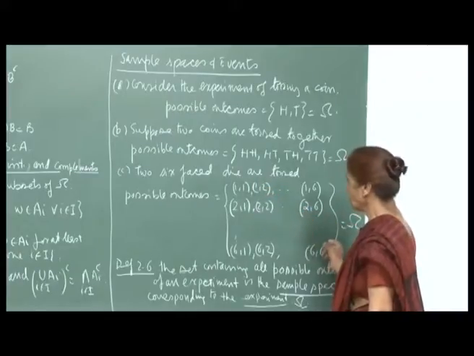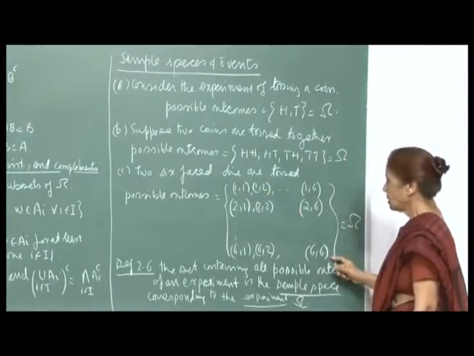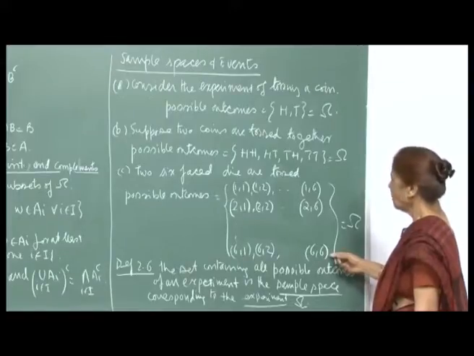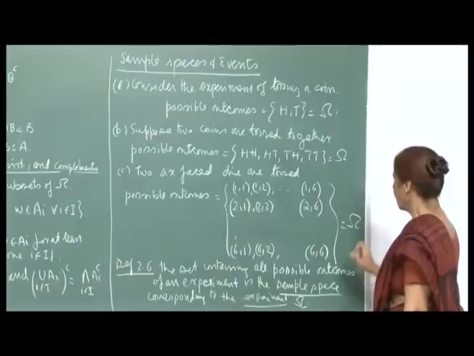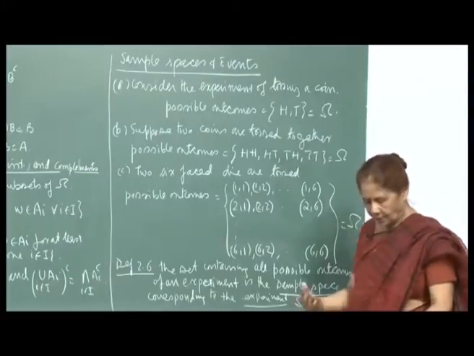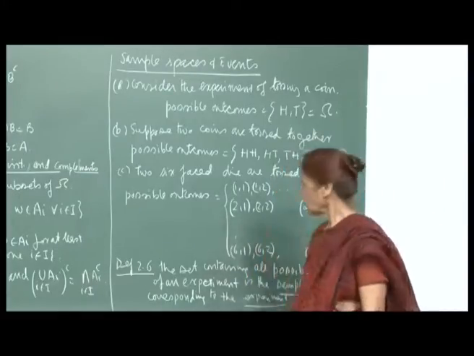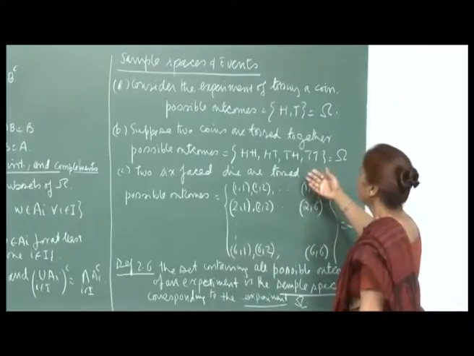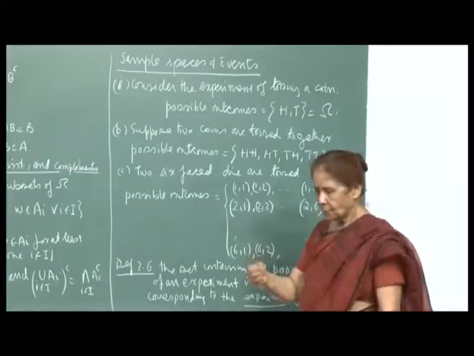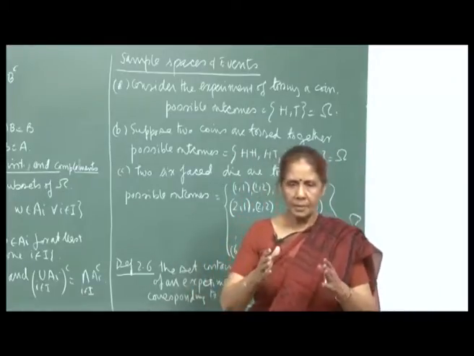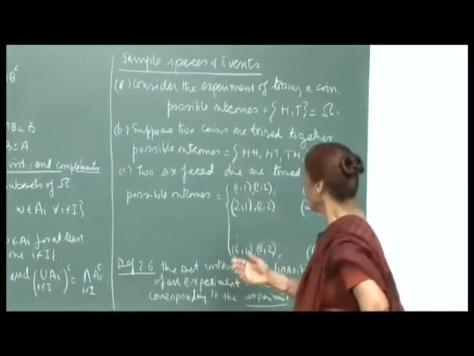Okay. And so we have to record all possible outcomes, and therefore this will be the collection of all 36 outcomes, and that will constitute your sample space. Just trying to show you that when you consider an experiment, you have to be very careful in recording the outcomes.